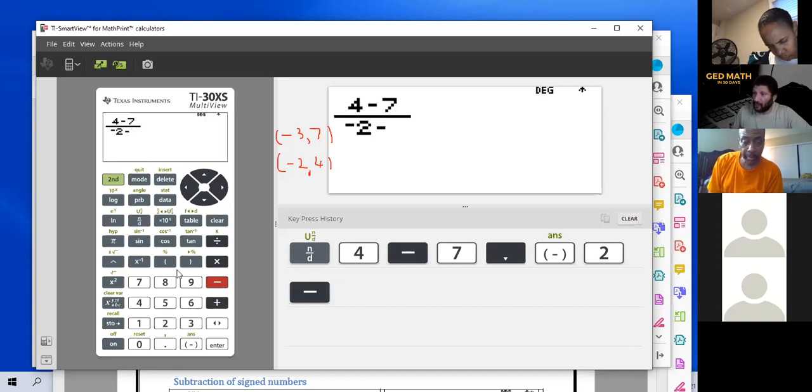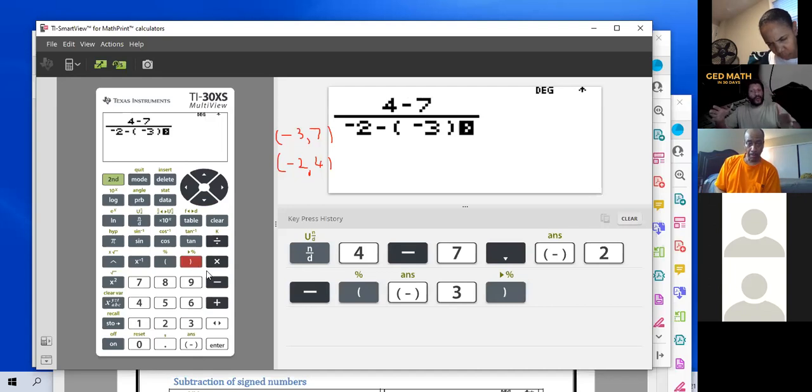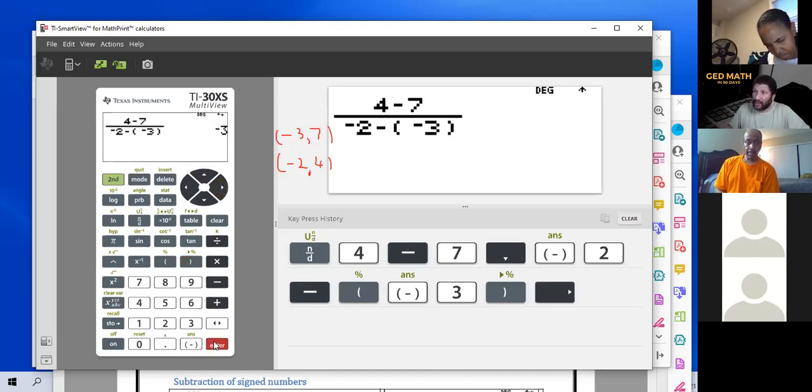Negative 3. So I'm gonna put that negative 3 in parentheses, so I won't get confused between the subtraction sign from the formula and the negative sign. So that's why I put in parentheses. Now I hit the right arrow and I'm gonna hit enter.